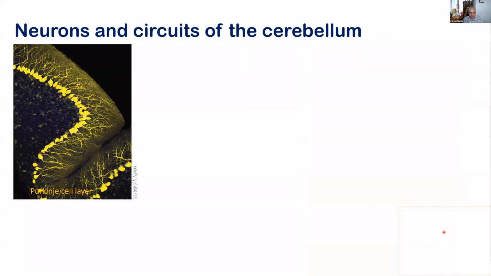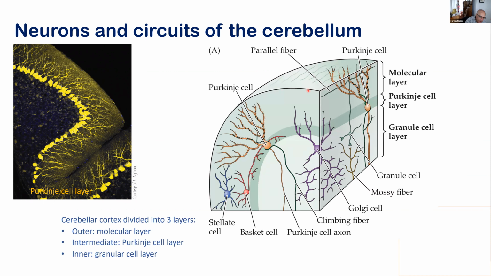All right, so in terms of structure, let's go back. The Purkinje cells sit in one of three layers of the cerebellar cortex known as the Purkinje cell layer. So the three layers, if I start from the outside and go in, are the molecular layer, which I'll tell you in a second, the Purkinje cell layer, which is the cell bodies of the Purkinje cells, and right interior from that is this layer known as the granule cell layer, where these cells, not those cells, these little cells here, the granule cells sit.